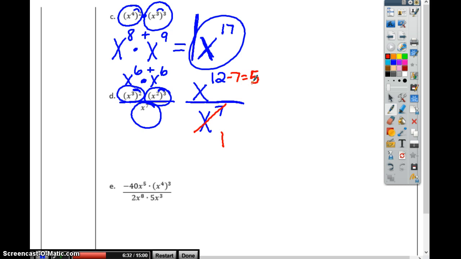Common mistakes. Make sure you have all of your little itty-bitty subtraction and addition done correctly. So now we have x to the 5th power left in our numerator. And we have 1 left in our denominator, and that just simply simplifies to x to the 5th power.